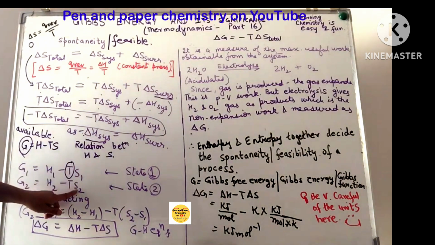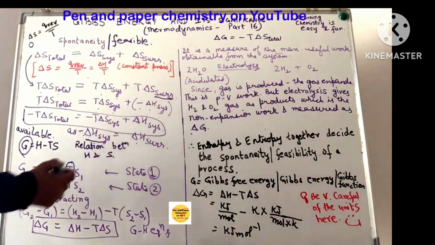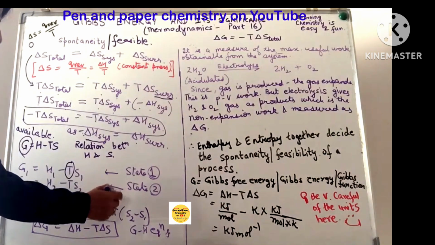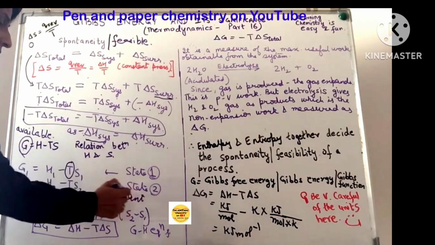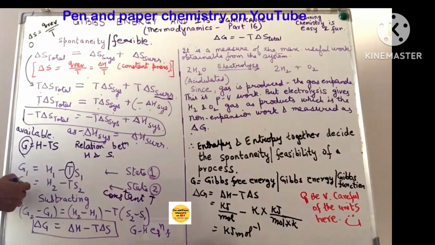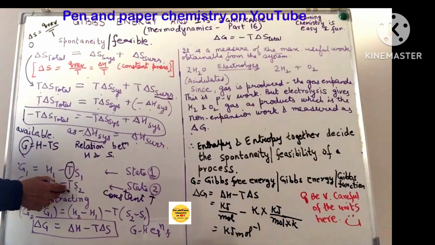There's a change in the entropy of the system, but again the process is carried out at constant T. Now, if you notice over here, at state 2, it will be G2 is equal to H2 minus TS2. Subtract: G2 minus G1 is equal to H2 minus H1 minus, we again take T common, T times S2 minus S1.